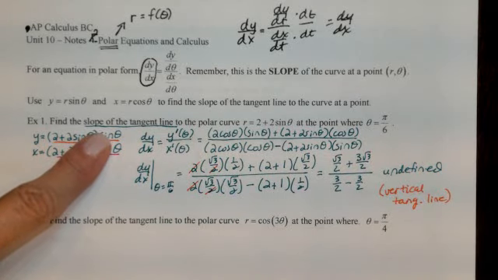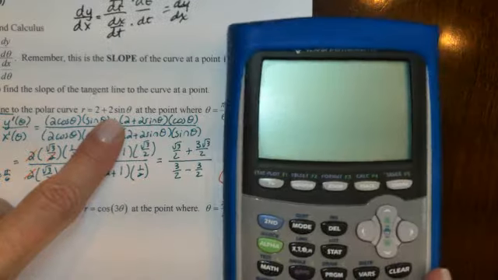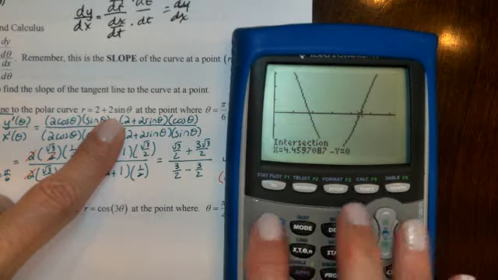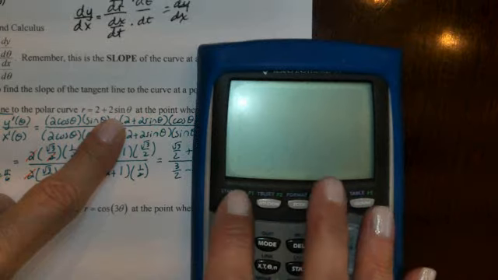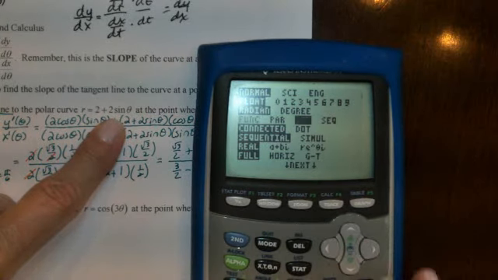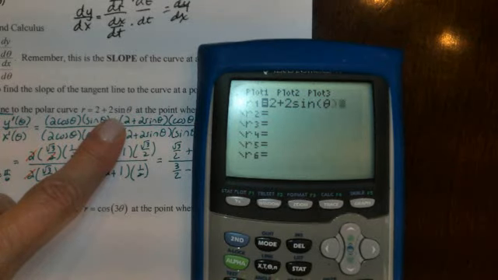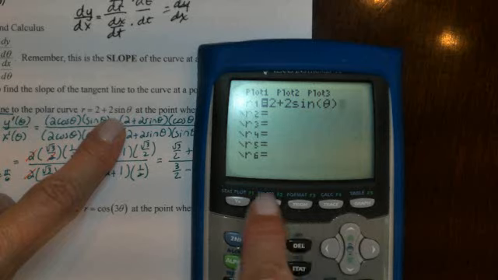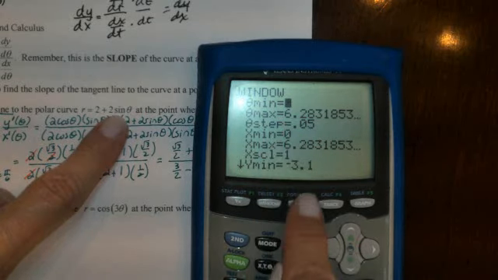All right. We could take a look at that graph there. Let's do it since we have time. This is from yesterday. Let me just go look at the curve here. 2 plus 2 sine theta. And I'm just going to make sure I go 0 to 2 pi. That'll get me the whole thing. This is a little cardioid.